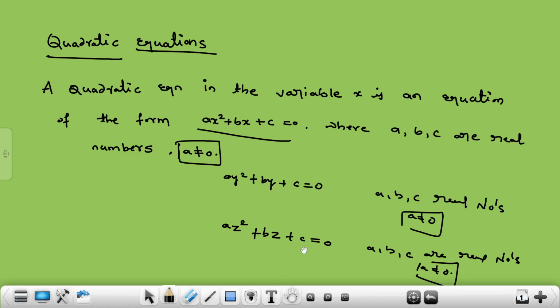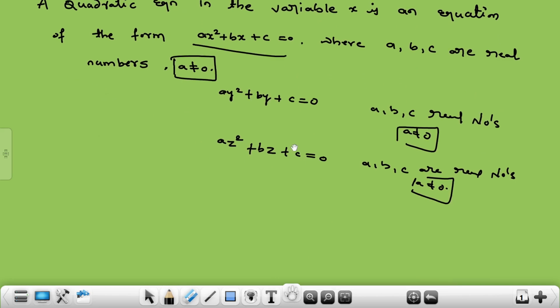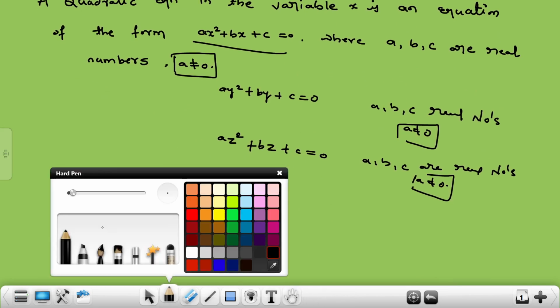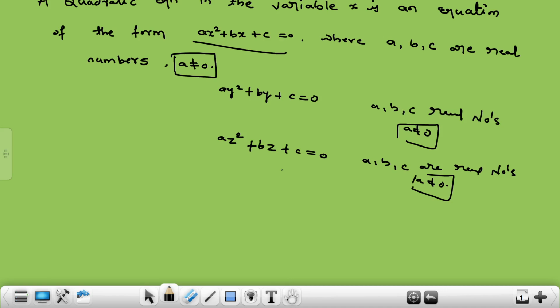Okay, we'll see the examples for this quadratic equation. The first one is 2x square plus x minus 300 equals 0. So this is the example for the quadratic equation.